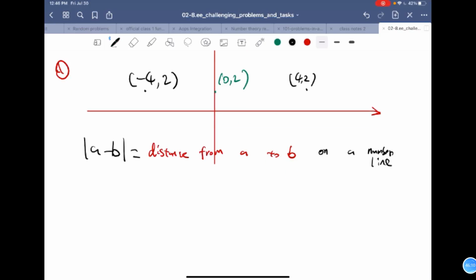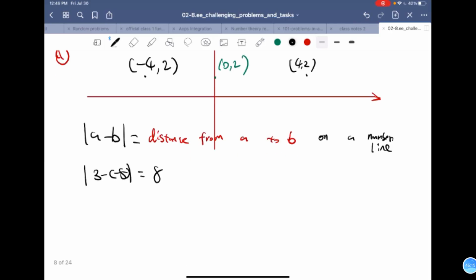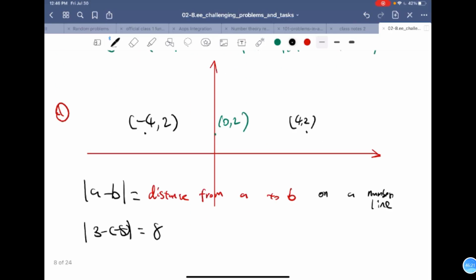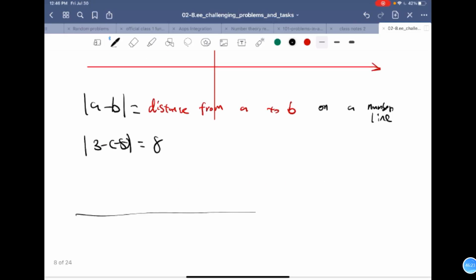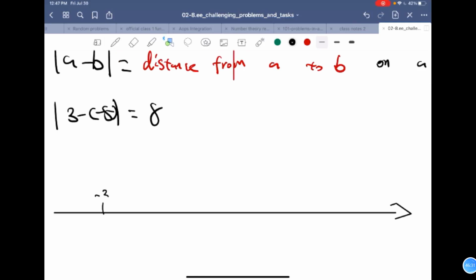All right. So, for example, 3 minus -5 is 8, right? But when you actually put it onto the number line, you see how here is -3, right?